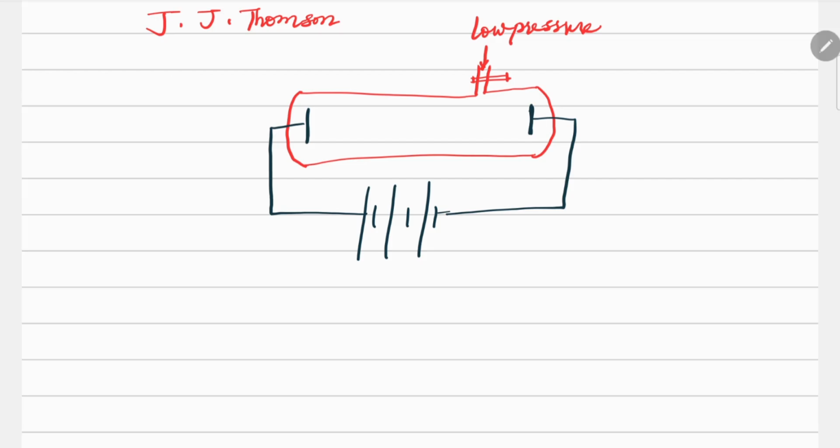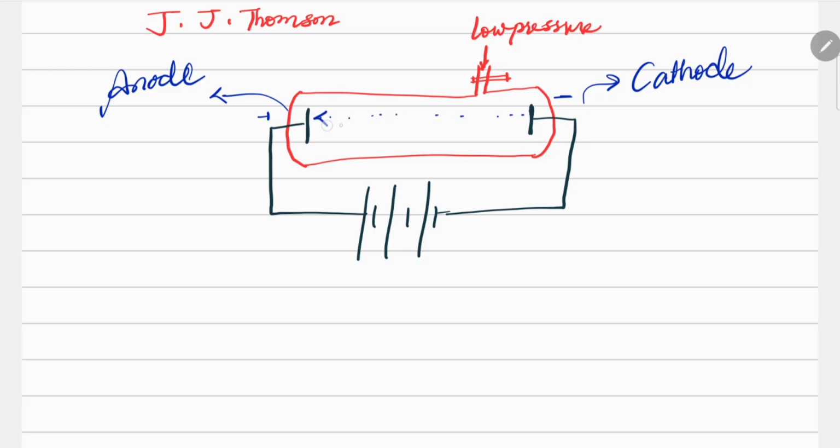Suppose this is the negatively charged cathode electrode, and this one is the anode, which has positive charge on it. So rays from the cathode are attracted towards the anode.